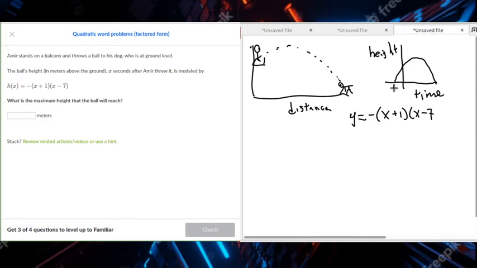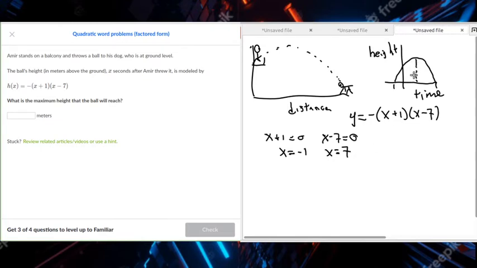And we need to find these 2 points right here so that we can get that vertex. So we're going to find the x-intercepts just like we did in the last video. So x plus 1 equals 0, or x minus 7 is equal to 0. So x is equal to negative 1, or x is equal to 7.